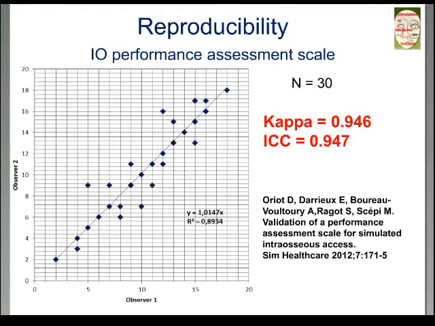You can see here an example of the expression of the results of reproducibility analysis with the linear regression between the scores given by observer 1 and observer 2 compared to the identity line and the results for kappa and ICC, which were very high in our intraosseous performance assessment scale.